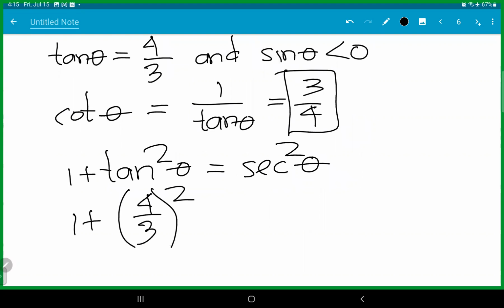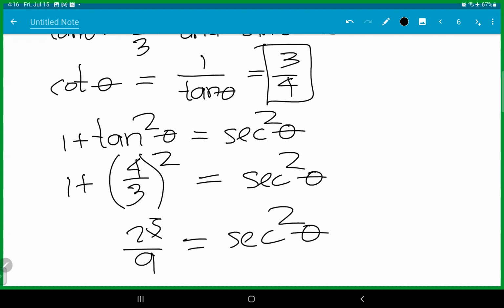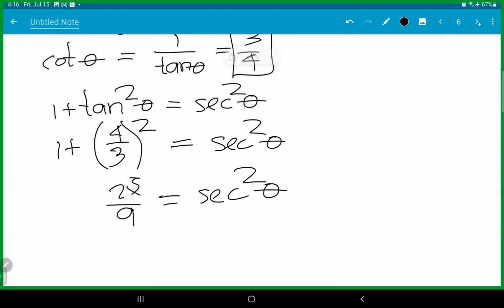Then you can solve for secant squared here. So, baliktad pa yata yung Pythagorean ko. Anyway, so 9 plus 16, 25. Pwede. 25 over 9 na. Okay. So, secant theta, either ano siya, plus or minus 5 over 3. You have to determine which.